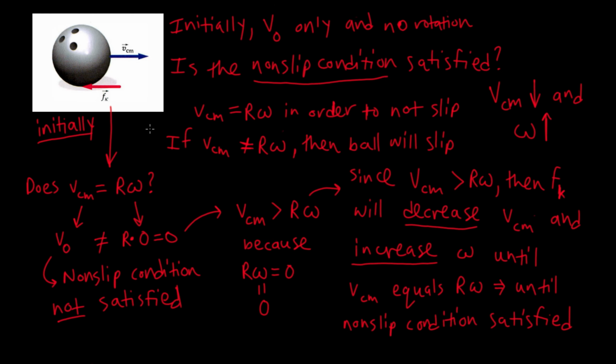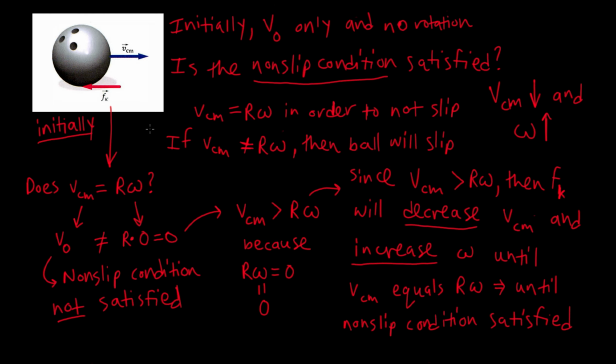Or in other words, let's find the amount of time that the force of kinetic friction will take in order to cause the velocity to decrease and increase the angular velocity.